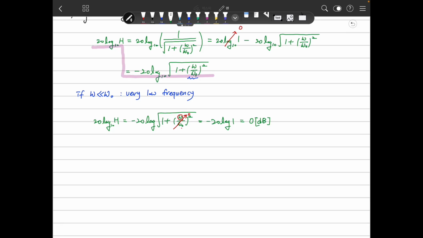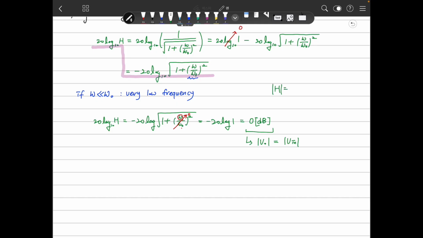The unit of that is dB. So what's the meaning of that? What's the meaning of 0 dB? That is, the magnitude of V out and the magnitude of V in are the same thing. Why?